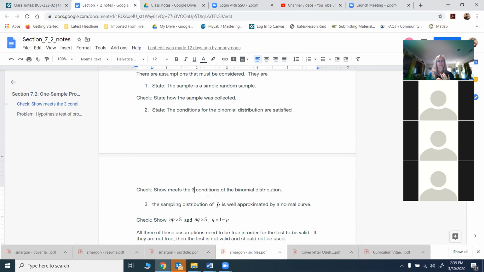One is that you have to have a fixed number of trials. What's the second one? Two responses. Okay, so you have to have only two responses. There's a third one.